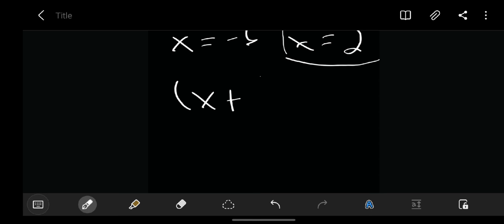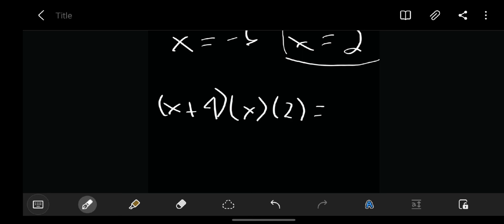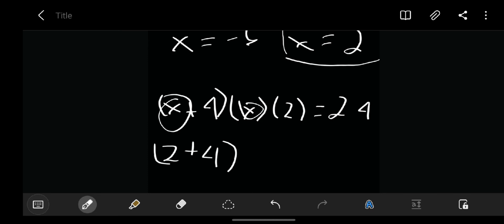So x plus 4, x is 2, so this becomes 2 plus 4, and this becomes 2 as well.